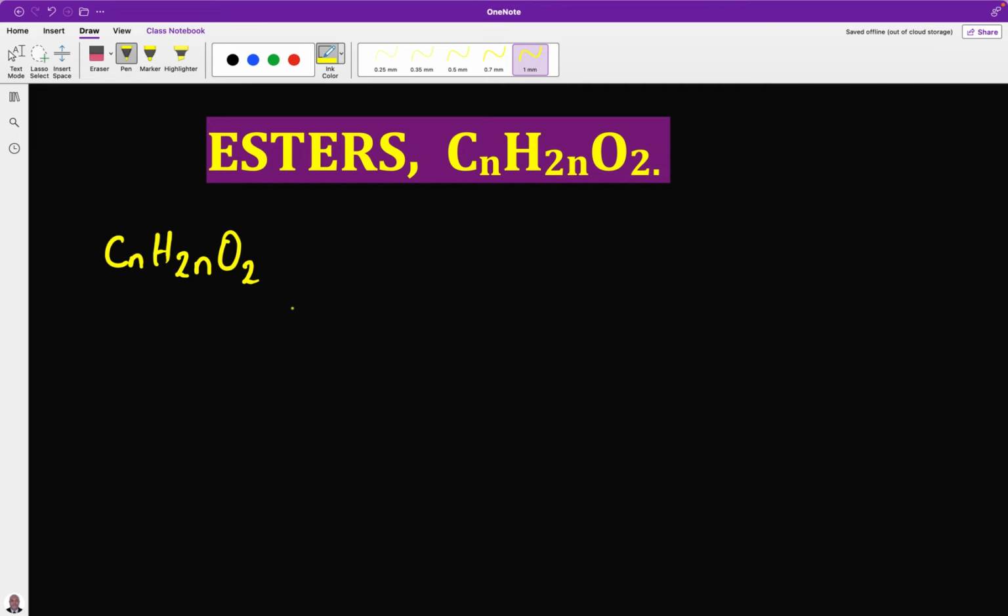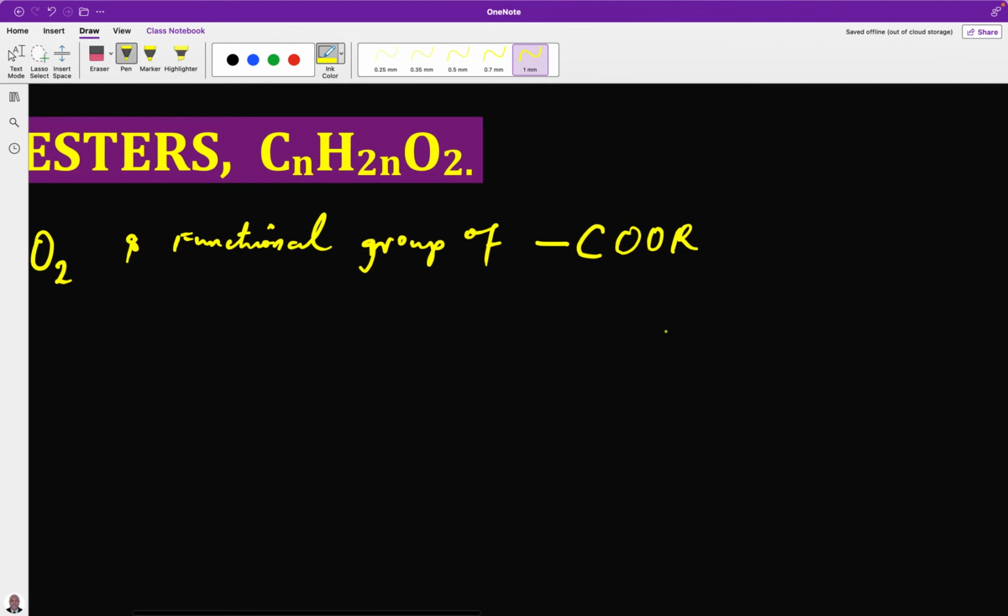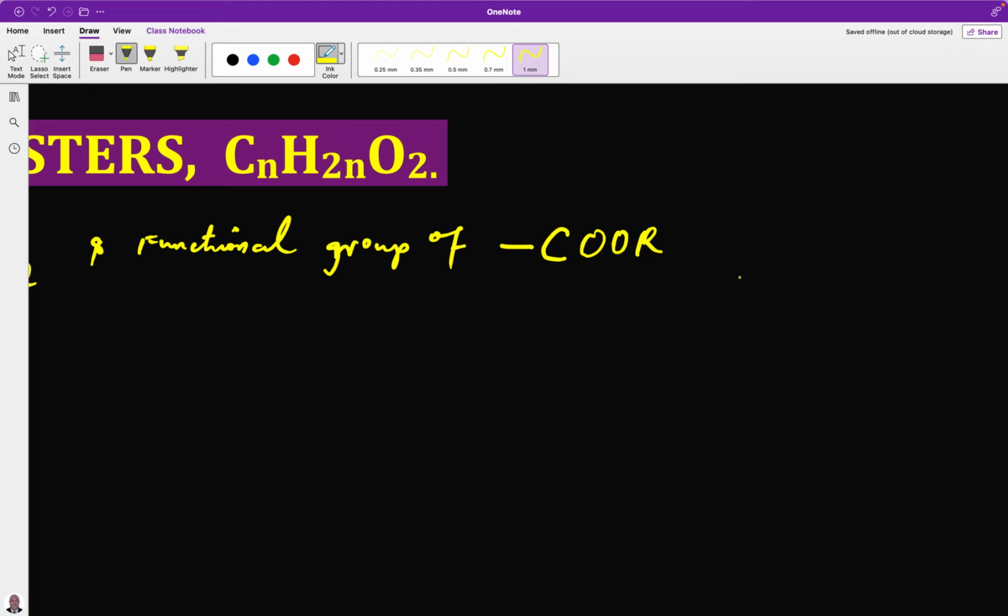And they also have a functional group, which can be written as COO, or it can be written in this form.